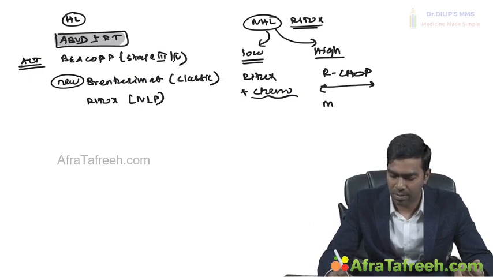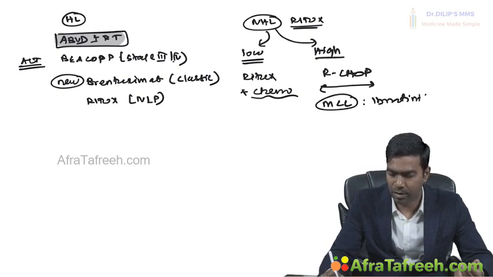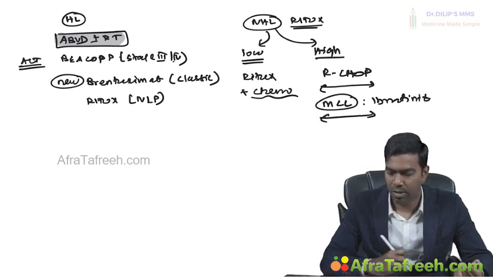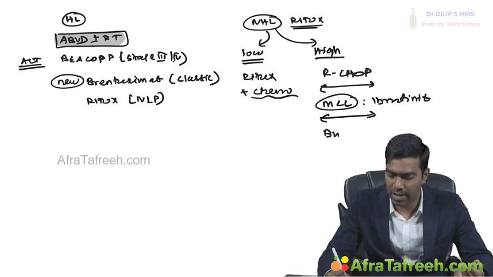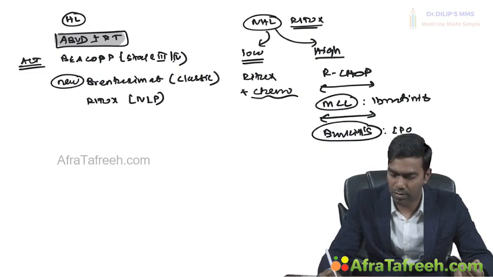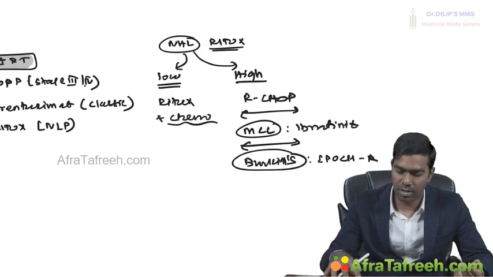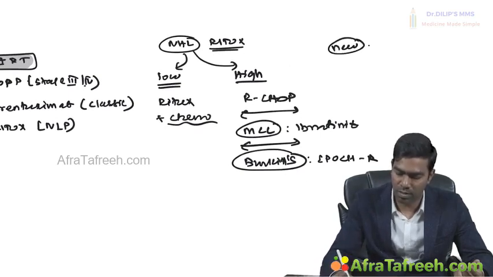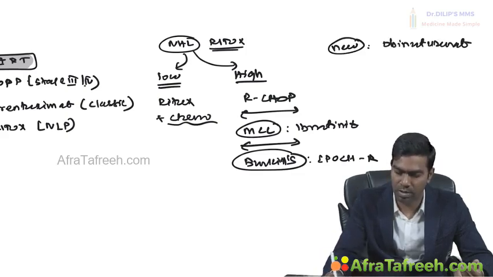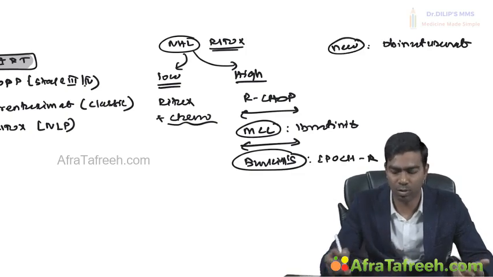If it's mantle cell lymphoma, you are going to treat with ibrutinib. It's a very important treatment. Then if it's a highly aggressive tumor like Burkitt's, typically you are going to treat with an EPOCH-R regimen. The newer drug you can use is obinutuzumab for NHL, typically for low grade NHLs instead of rituximab.